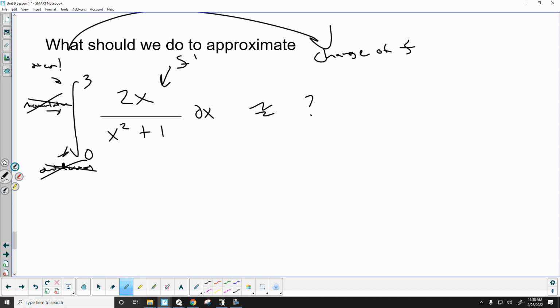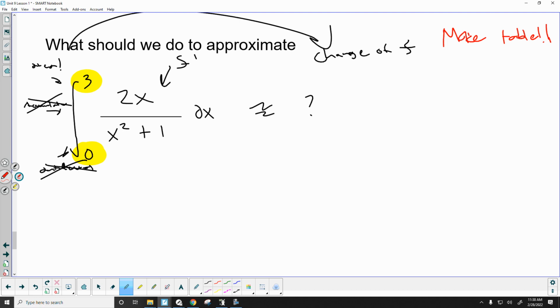What should I do? A Riemann sum. We'll plug in values from 0 to 3 and make a table. You're going to make a table based on what's told to you.